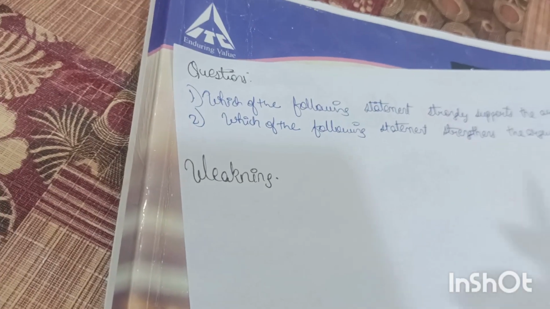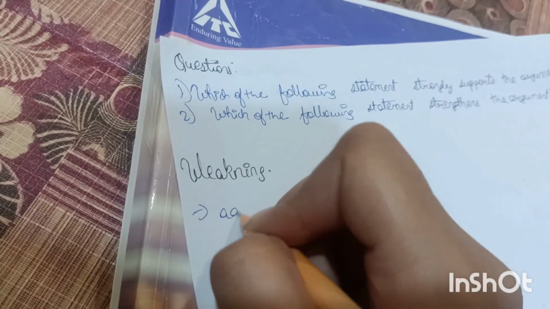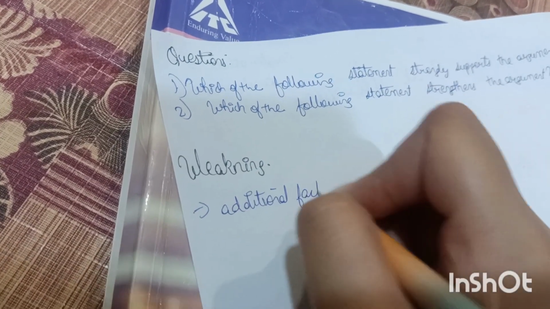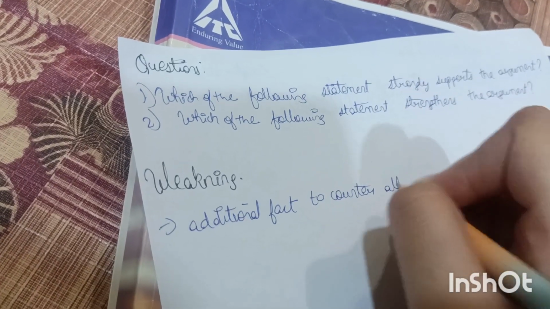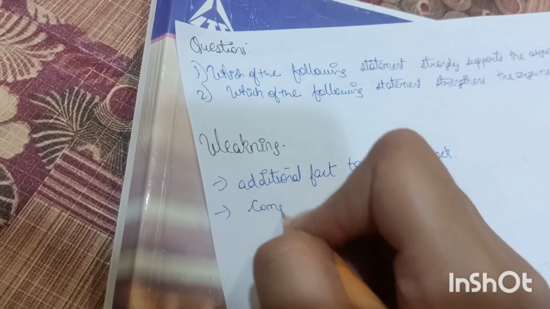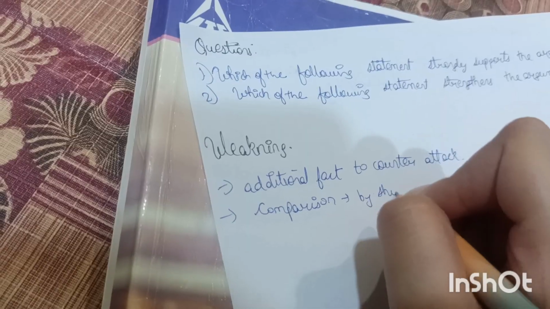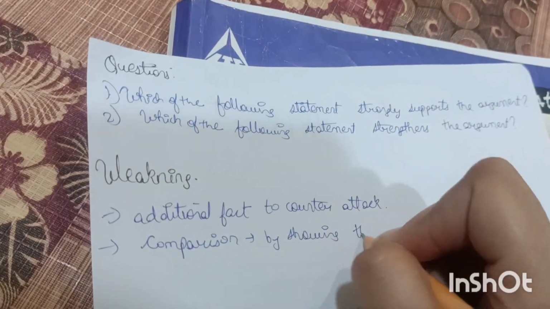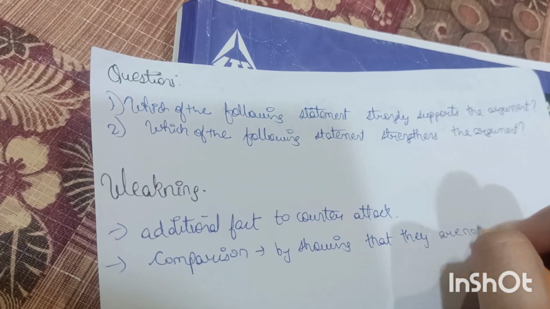Now let's see how you have to find a weakening statement. The first point is additional fact to counter attack, and second is comparison, by showing that they are not equal.